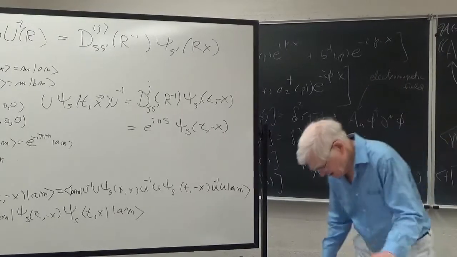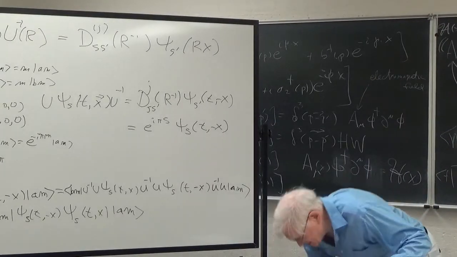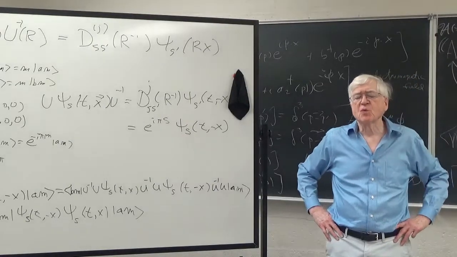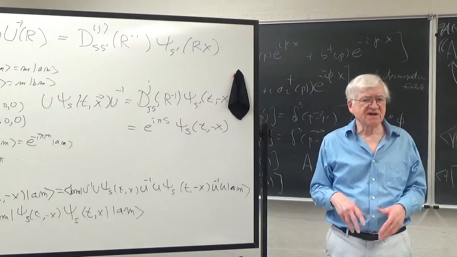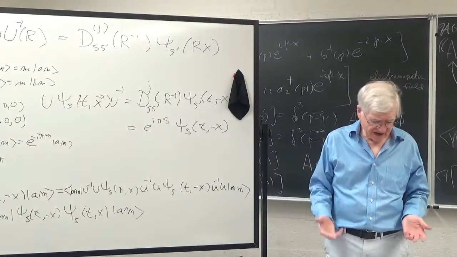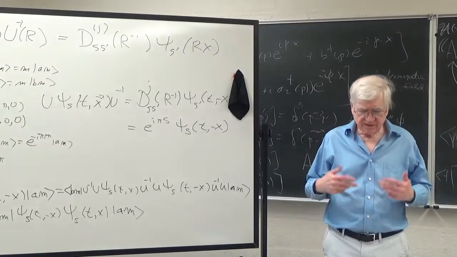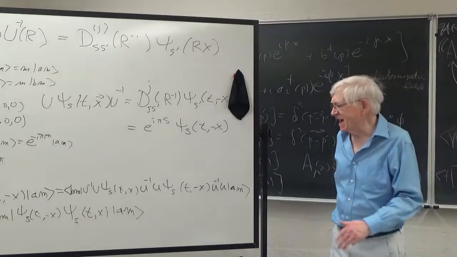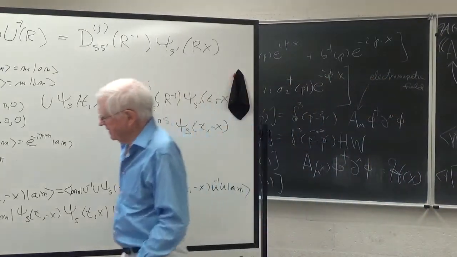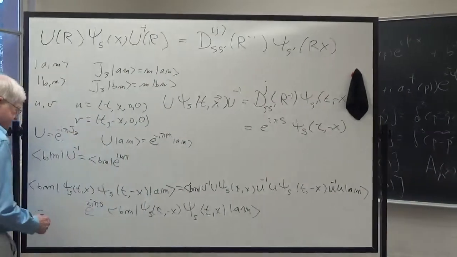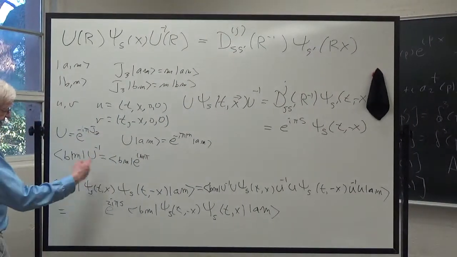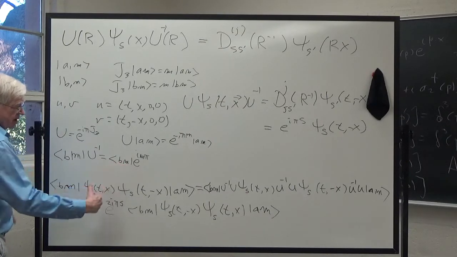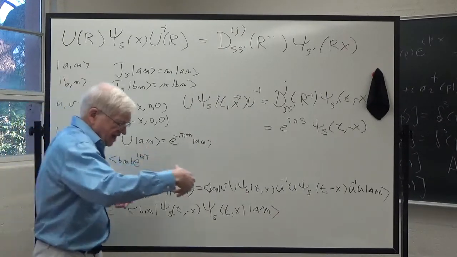Okay, so this says that this is part of the reason why the behavior of fields under rotations entails what their statistics are, whether they're bosons or fermions. It's not a total proof because at least in this description here, I had the m's equal on the two sides.